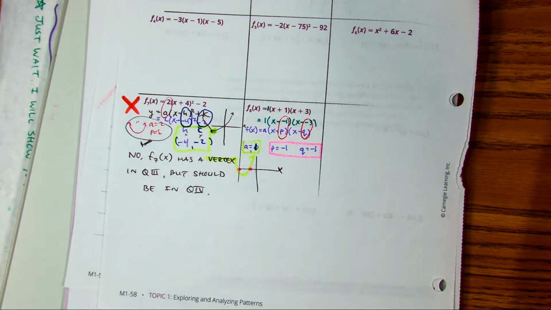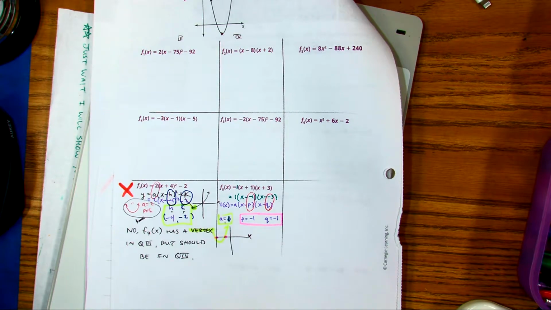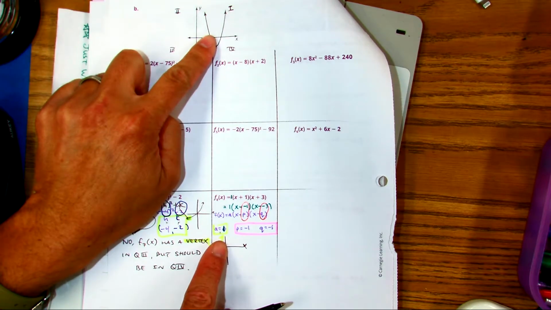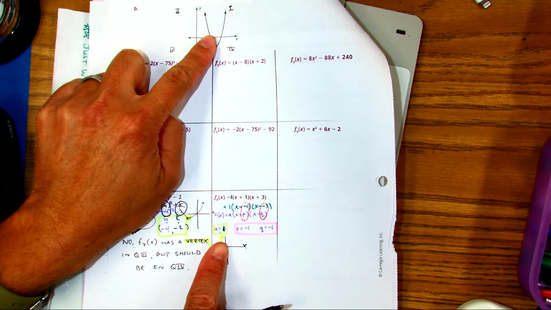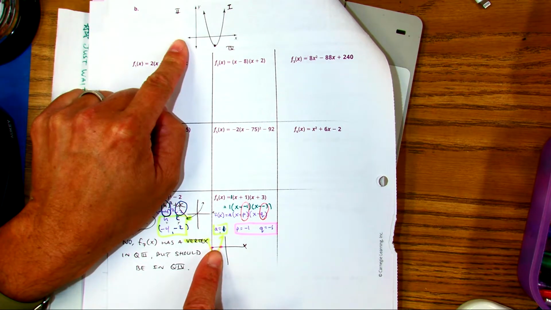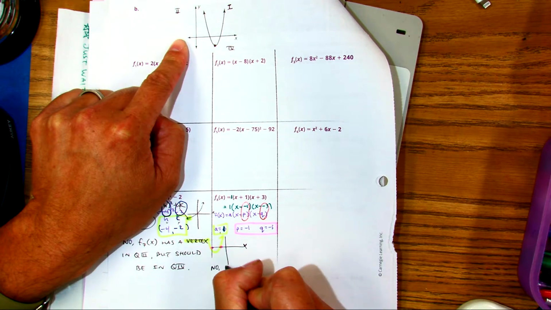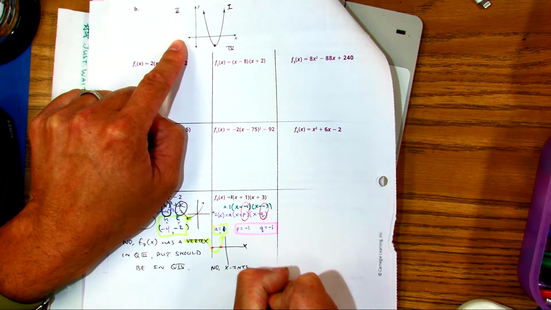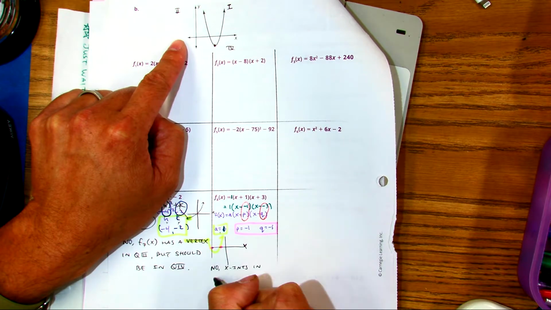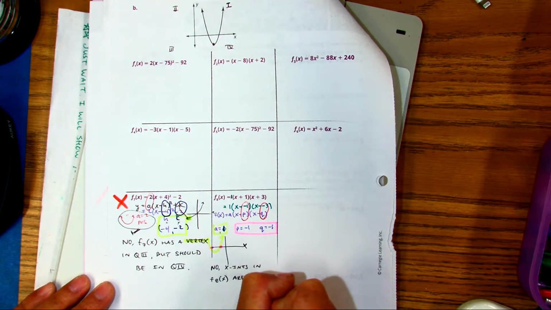Okay, let's see if it matches. Class, does it open up? Yes. Are our x-intercepts between quadrants 2 and 3? No. So let's write that. No. X-intercepts in function 8 are negative.